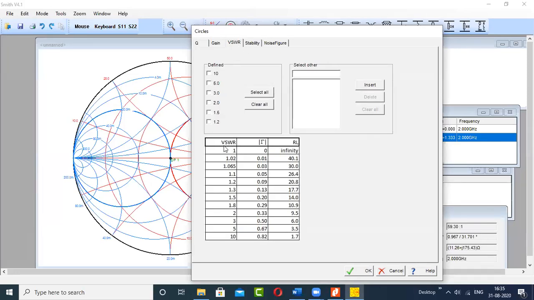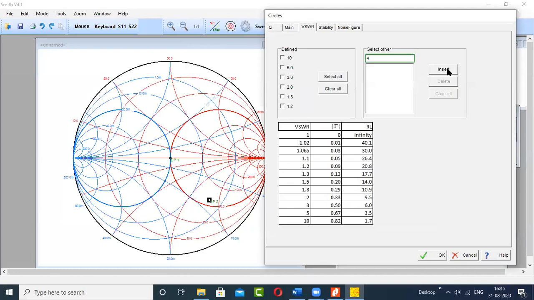Here the relation between VSWR and reflection coefficient is listed, starting from the ideal value to any non-ideal value. But we are interested in plotting a VSWR circle of 4. So here, you have to click here and use the keyboard to feed a value of 4. Now just click on the insert button.